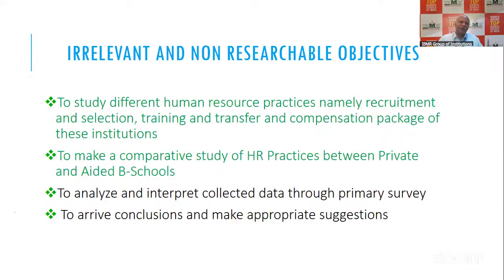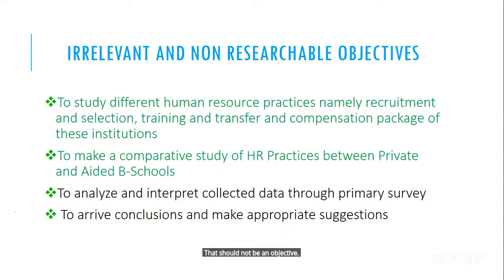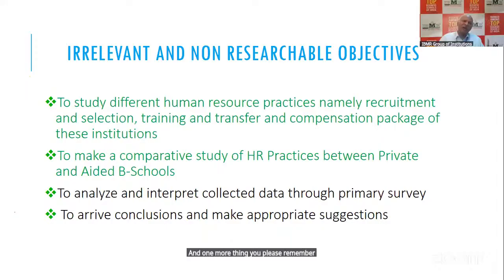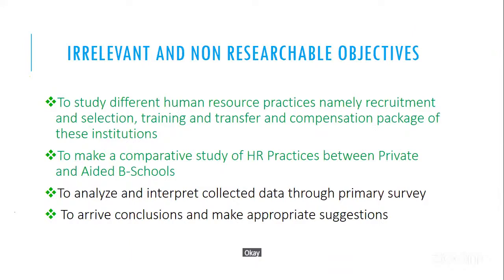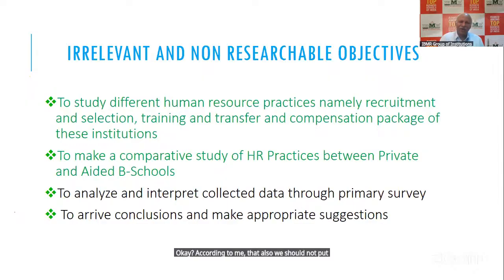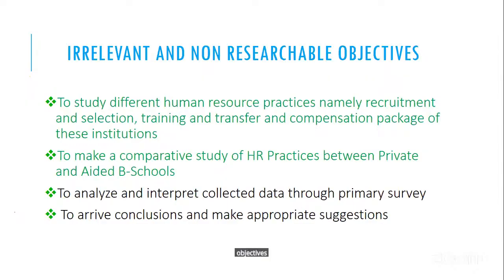That should not be an objective. And one more thing you please remember: in the objectives, we make one last objective to make necessary suggestions and recommendations. According to me, that also we should not put. That may not be a research objective.